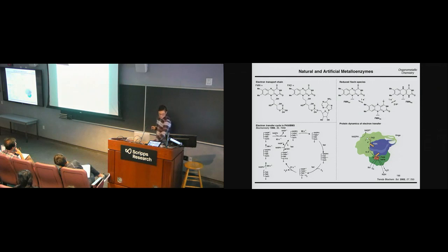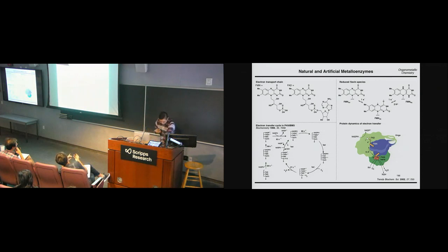And after this hydride transfer, the oxidized NADP plus would then be replaced by another molecule of NADPH, and at the same time, the reduced FADH would then perform a single electron reduction of the FMN in the FMN domain of the enzyme. So this would lead to formation of FMN semiquinone, whose structure is shown up here.